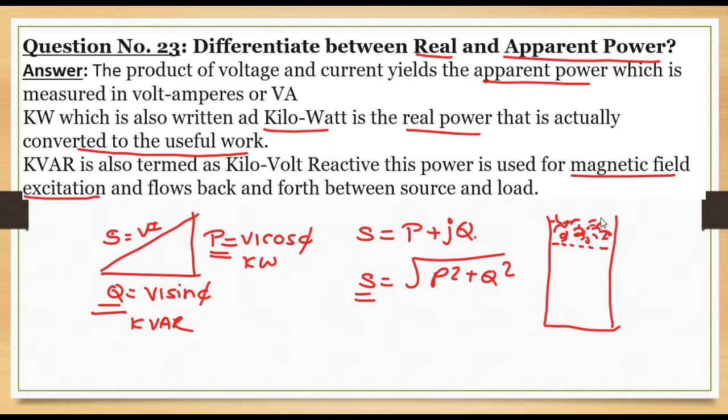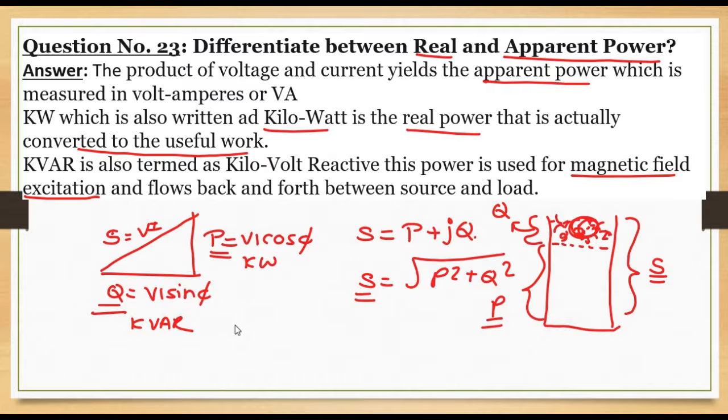Now we pay for the whole glass, that will become our apparent power, and what we actually drink is this part which becomes our active power, and this part which is of no use will be termed as reactive power. But even if it is of no use, we still have to pay for this part also. Without that we can't get the juice.